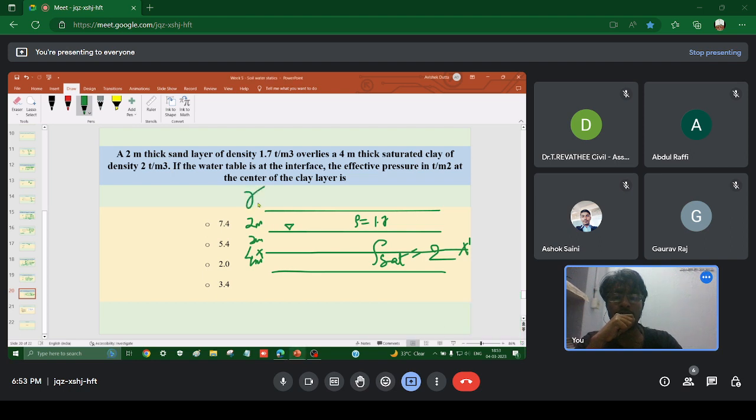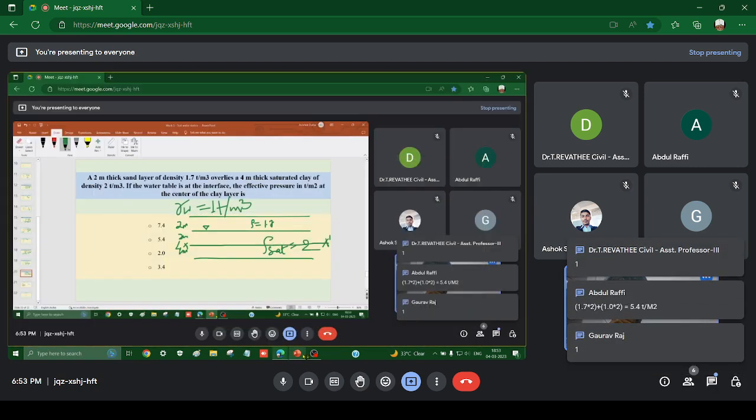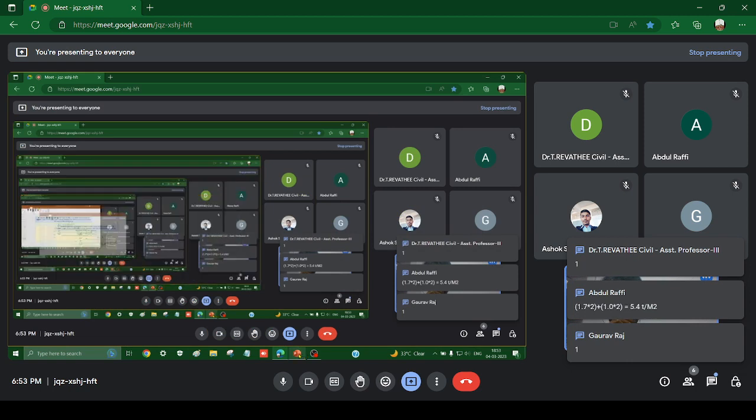Gamma W is 1 ton per meter cube because it is 1000 kg per meter cube. Yes, Abdul, you are right.